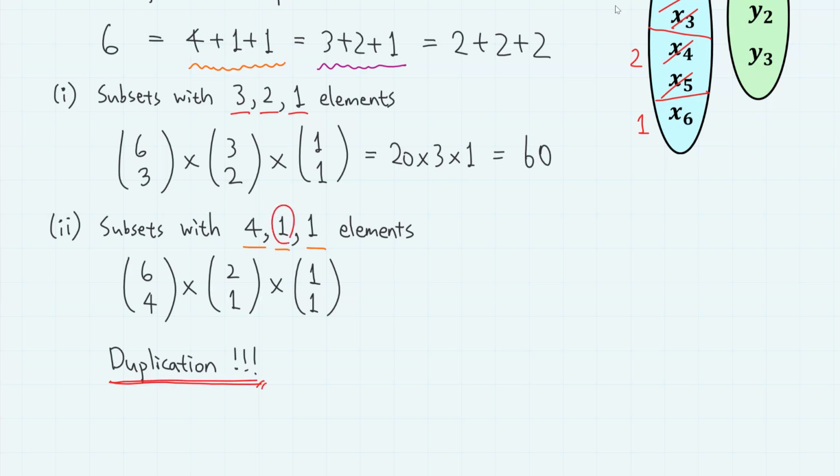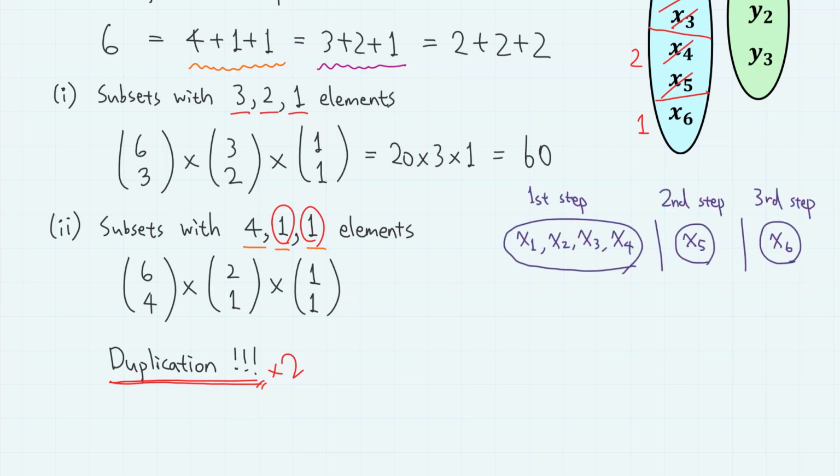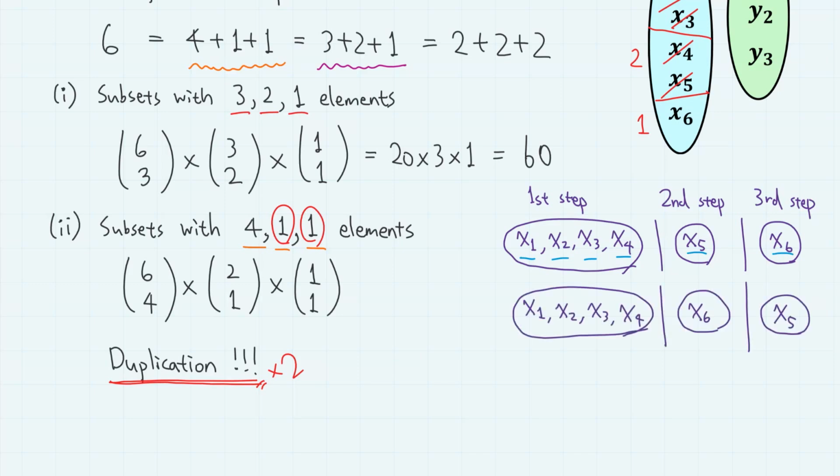You see, because now we have 2 subsets having same number of elements, which is 1, we have just counted the same partition twice. For example, suppose that we have chosen x1, x2, x3, and x4, then x5, and then x6. And let's consider another partition where we chose x1, x2, x3, x4, then x6, and then x5.